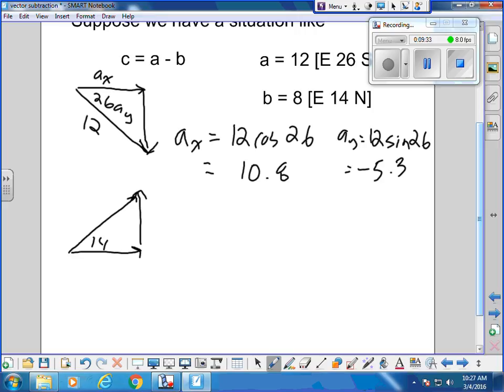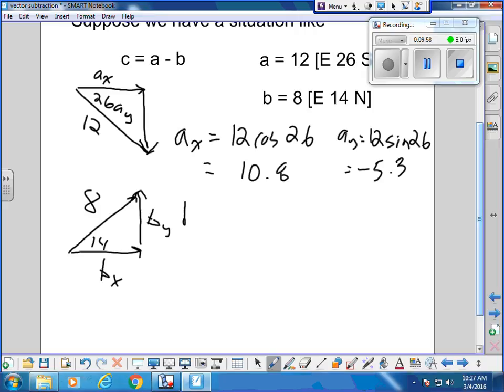Okay. East 14 north. And this is the vector is 8 long, right? And we're going to label them with a BX and a BY. And then we're going to solve for them.